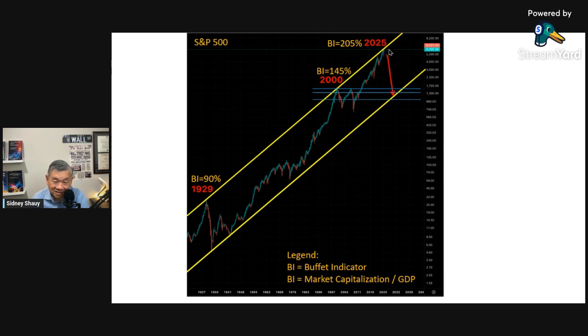All right, so I don't know. This may suggest a correction is due, but actually, I don't care, right? Because we don't know if it's going to happen and when it's going to happen. All we know is that we have the Risk 500 to guide us. So even if it happens, good, no problem.